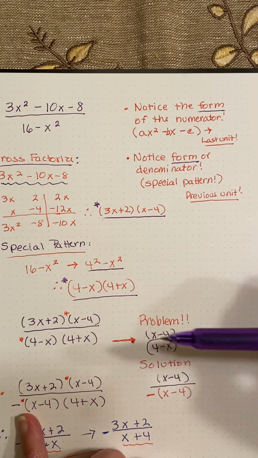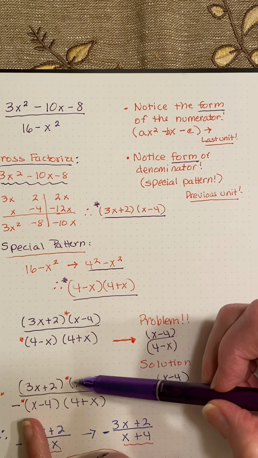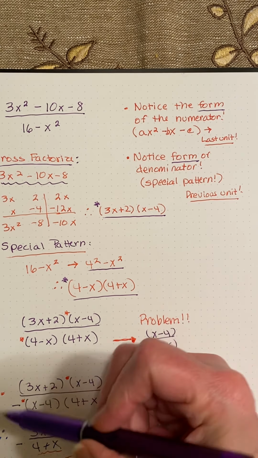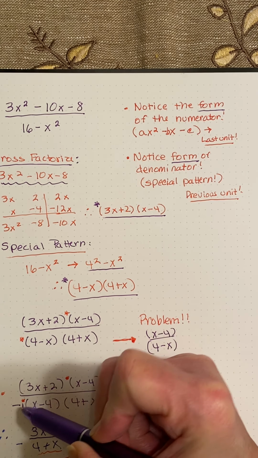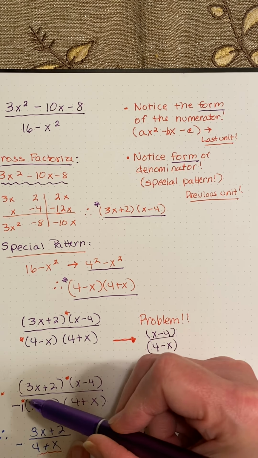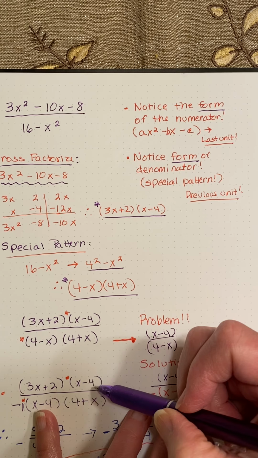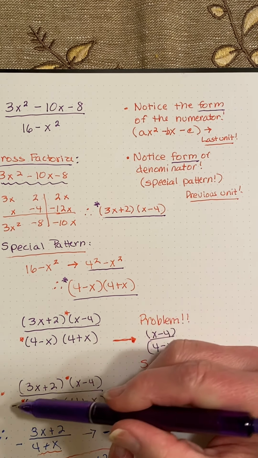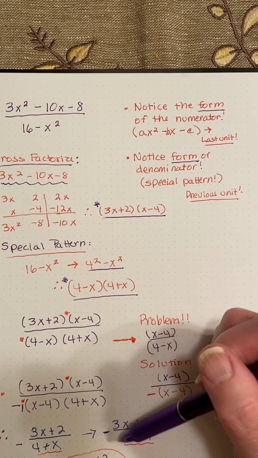So yeah, I jumped the gun here. So now I have x minus 4 and then a negative, there's like a 1 in front of here, times x minus 4. Now I can eliminate my x minus 4s. That leaves me 3x plus 2, but now on the bottom it's going to be a negative 1 times that.